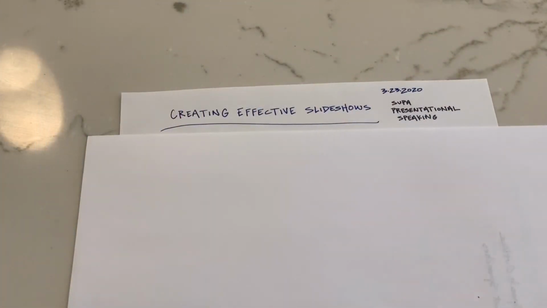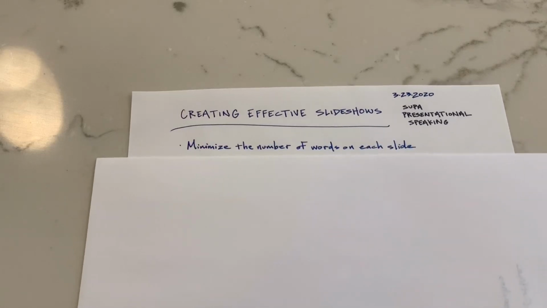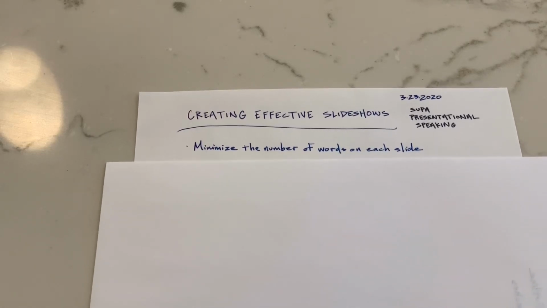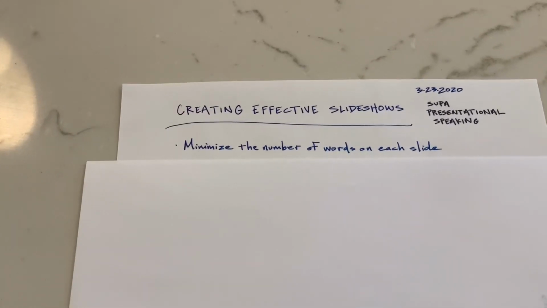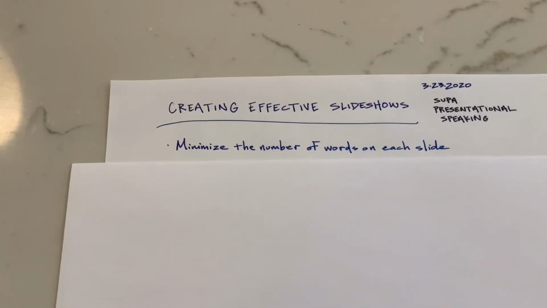So before I show you actual examples, let's just go over a few guidelines, or you could think of them as requirements, but I consider them best practices. First of all, you definitely want to minimize the number of words on each slide, and I'll talk more about that.